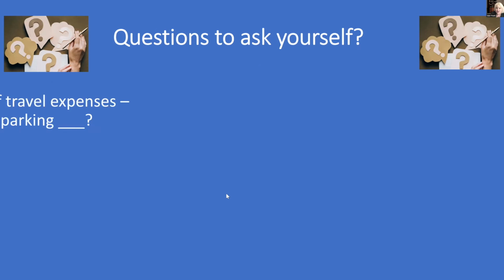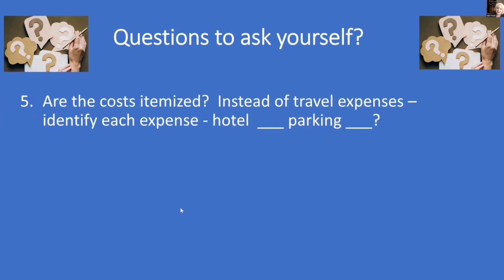Here's some more questions to ask yourself. Are the costs itemized? So instead of saying travel expenses, do you have maybe mileage as one item, hotel another item, and meals another item, if you're charging for that, if you're going out of town, parking, all those things should be separate line items.